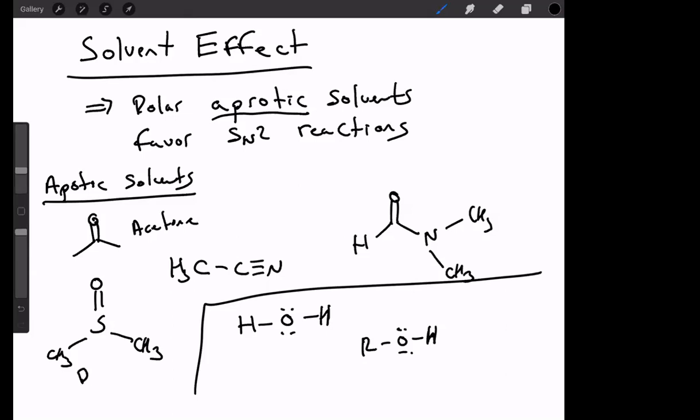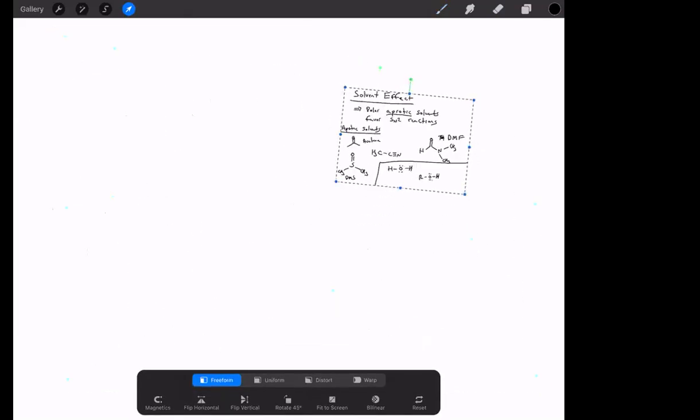This one is dimethyl sulfoxide, DMSO. This one is DMF, dimethyl formamide. Now that you've identified the trivia part, the question, and this is my favorite question on exams, is why? Why do polar aprotic solvents favor SN2 reactions, and why do they make the reaction rate faster?